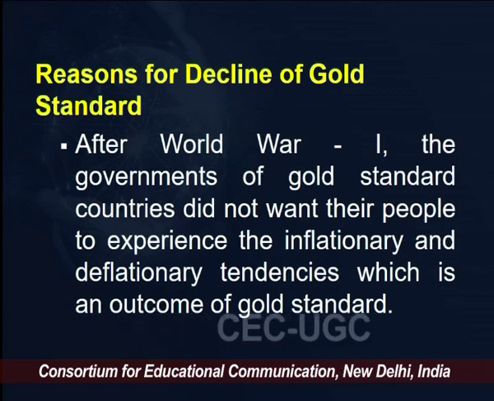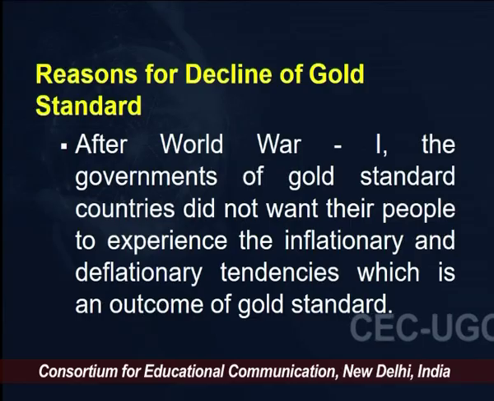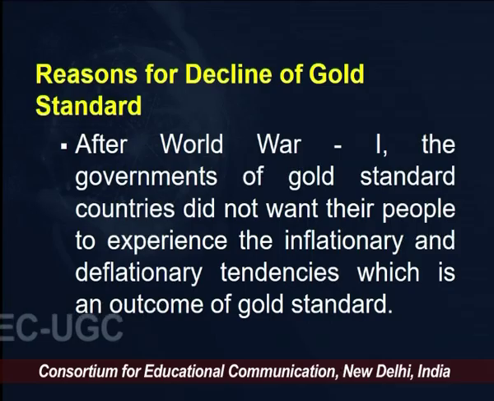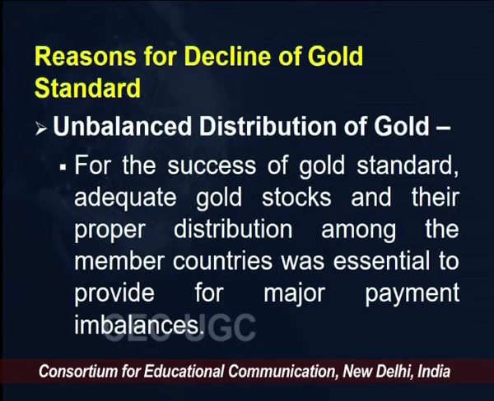The gold standard also required that the governments in different countries help facilitate the gold movements by keeping the internal price system flexible in their respective economies. So, after World War I, the governments of gold standard countries did not want their people to experience this kind of inflationary or deflationary tendencies, which is generally the outcome of the gold standard.